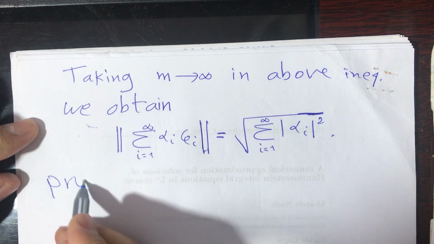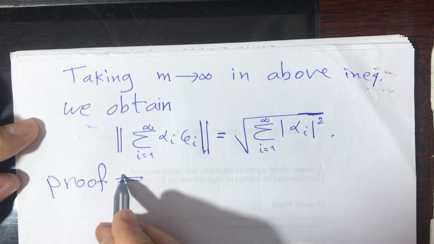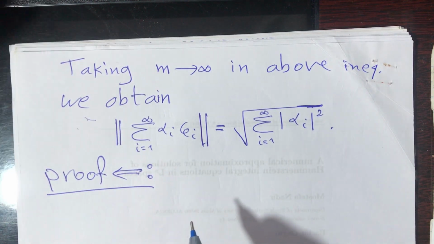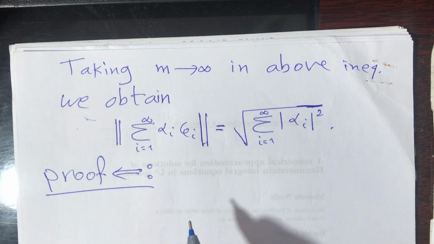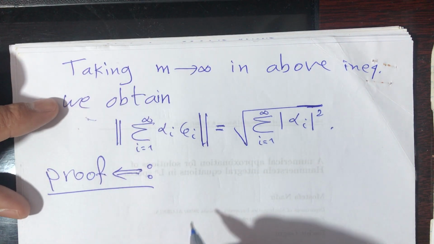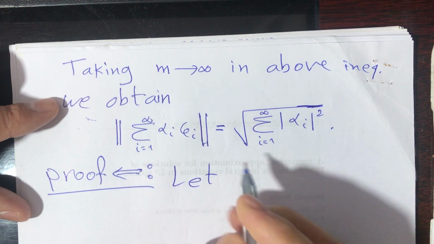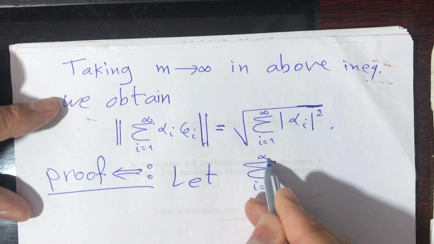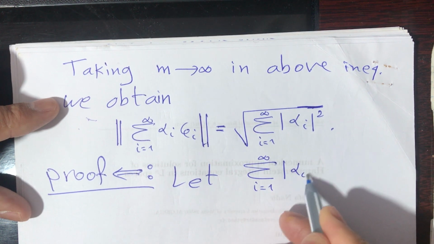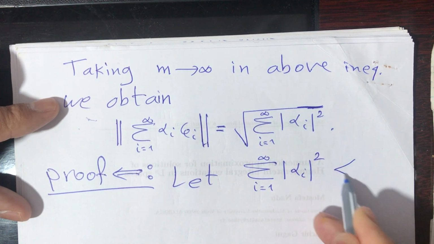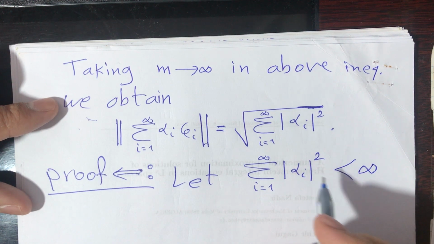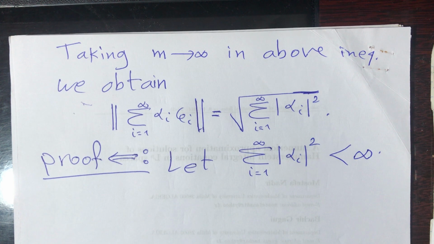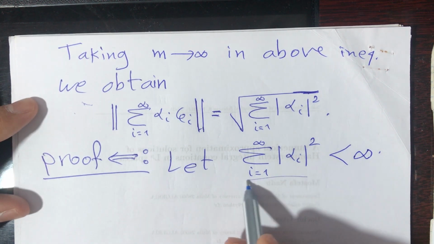Now the second direction. Prove the second direction. Let the summation I equals 1 to infinity of alpha I squared be less than infinity. On the other side, we assume that this is less than infinity.